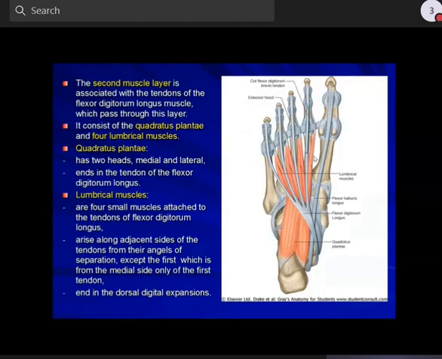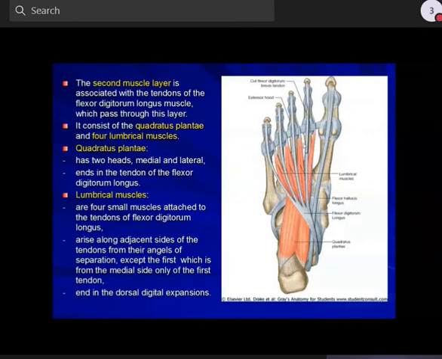Layer 2 consists of flexor digitorum longus, its tendon, to which quadratus plantae inserts posteriorly, and 4 lumbricals. This is completely the same like in the hand.